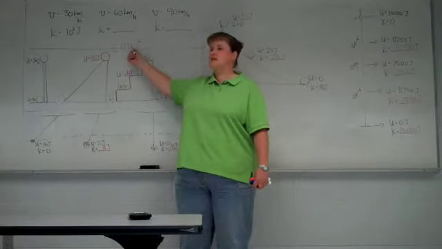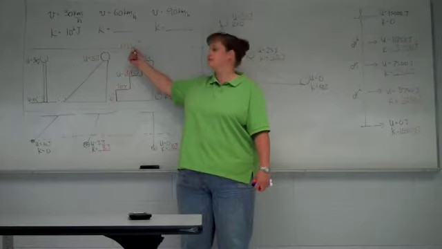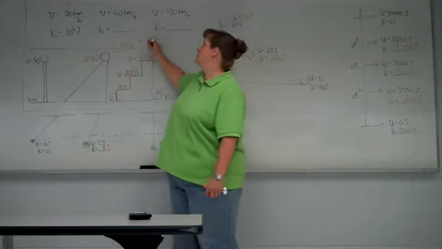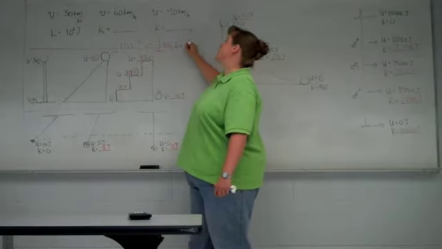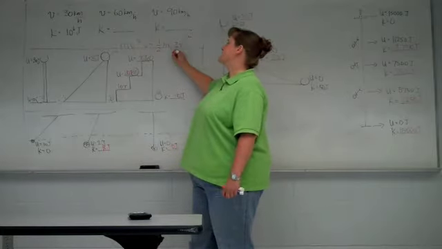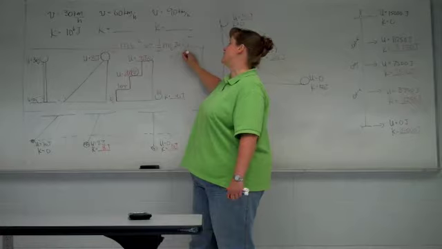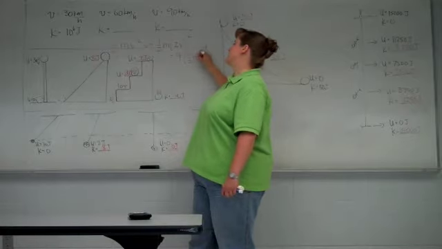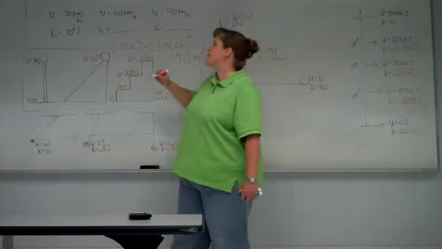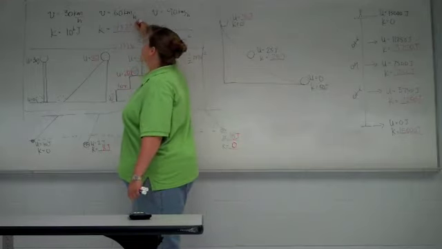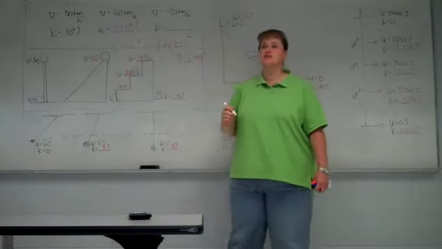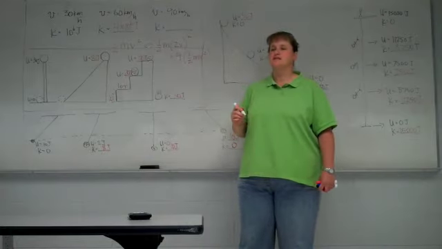But what have we done to v? We've doubled it. So 1/2 m (2v) squared is the same, 2 squared is 4. 4 times 1/2 mv squared. So 4 times whatever original energy you had.